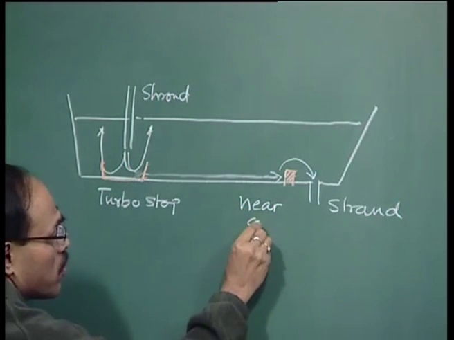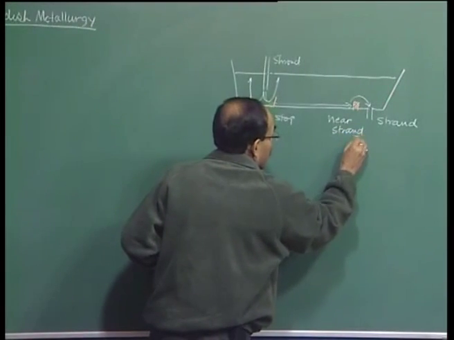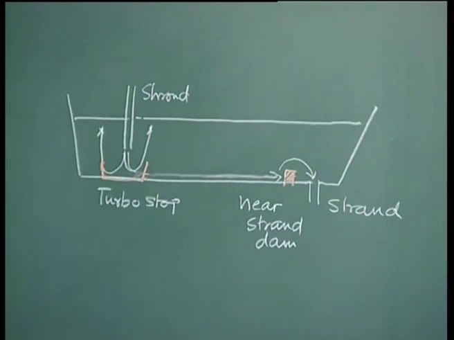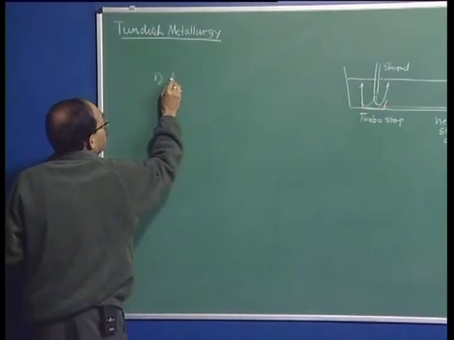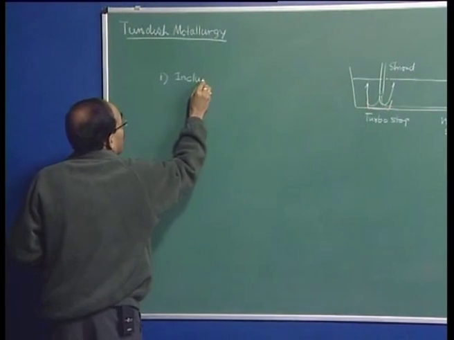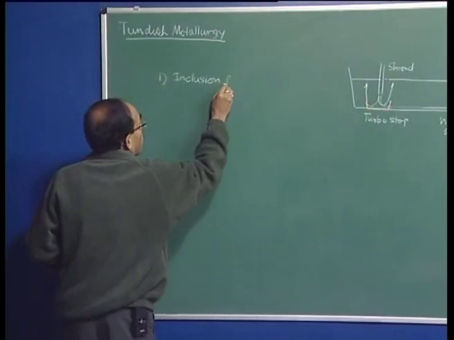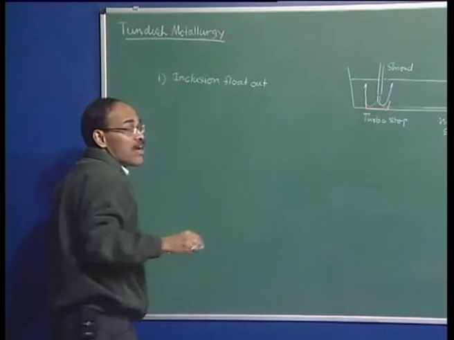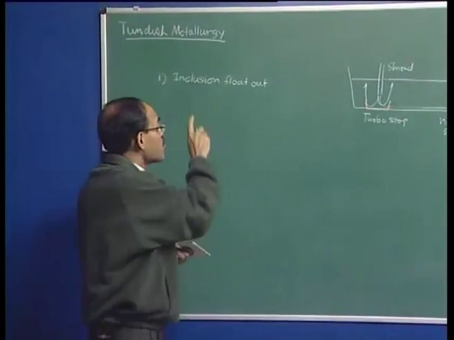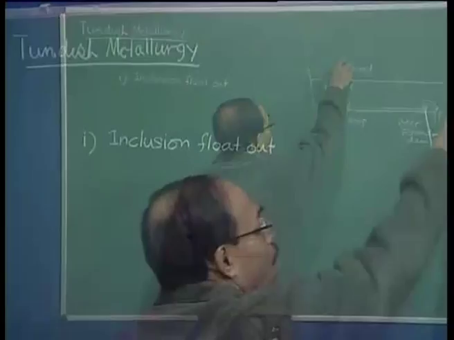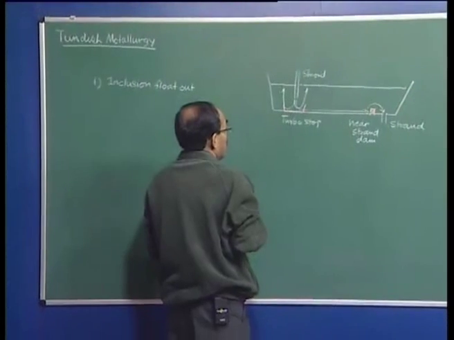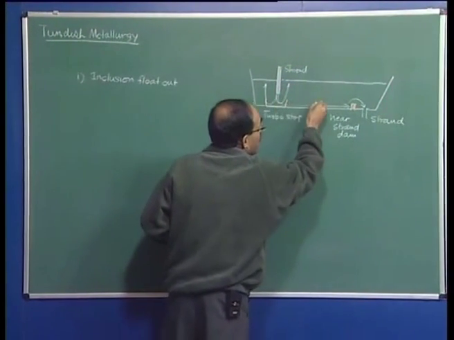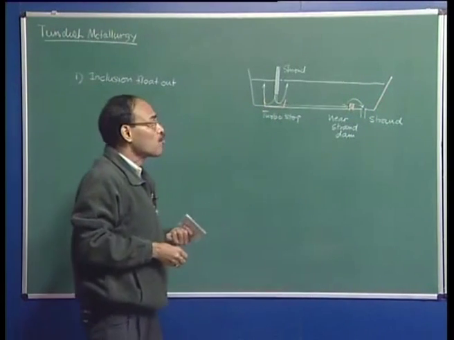Now, what are the issues in tundish? The issues in tundish are several. Number one, the foremost and the most important issue is the inclusion floatout. And inclusion floatout, as I have told you already, relies on the simple fact that the fluid coming into the tundish from the ladle resides in the tundish for some amount of time before it goes out through the strand itself.